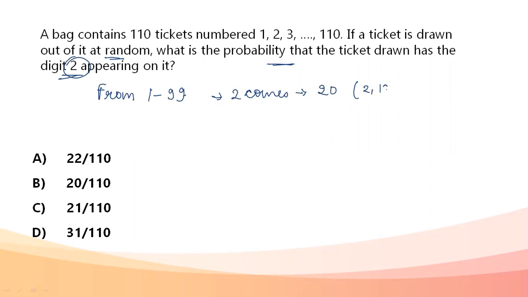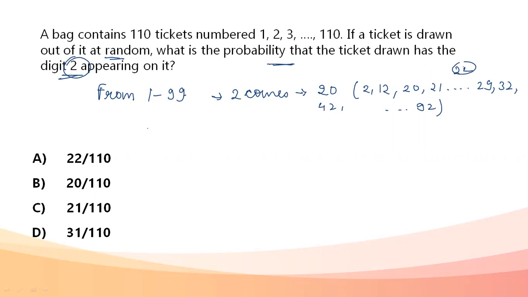It's like 2, 12, 20, 21, 22, 23, 24, going up to 29, then 32, 42, 52, 62, 72, and 92. So this is all 19 numbers, but 22 has two twos, so 2 comes 20 times.